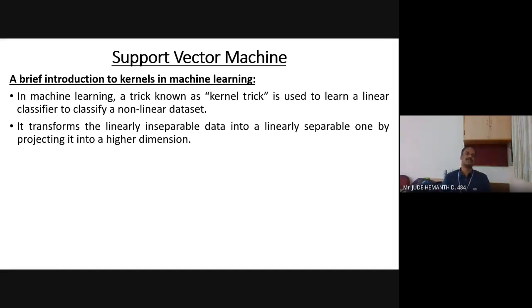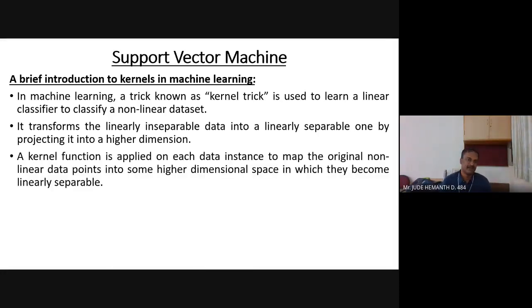Kernel transforms the linearly inseparable data into a linearly separable one by projecting it into a higher dimension. Whatever we have seen so far, the same thing will be done by a kernel. We call it a kernel function because it is something like a Gaussian function or some mathematical equation, and it is applied on each data instance to map the original nonlinear data points into some high dimensional space.